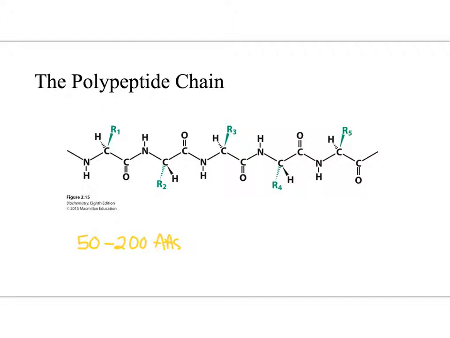Those with a small number of amino acids are typically referred to as oligopeptides. Those that have larger numbers of amino acids are called polypeptides.